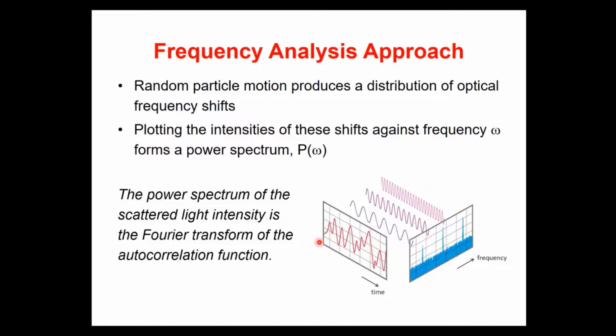If we consider the way that the signal is varying in time, as PCS does, and do a Fourier transform with this data, that is to say, calculate the frequency components that are inherent in this oscillation and plot the amplitudes of those frequency changes on a plot, we'll get the power spectrum starting point. So the two methods are related in that regard.